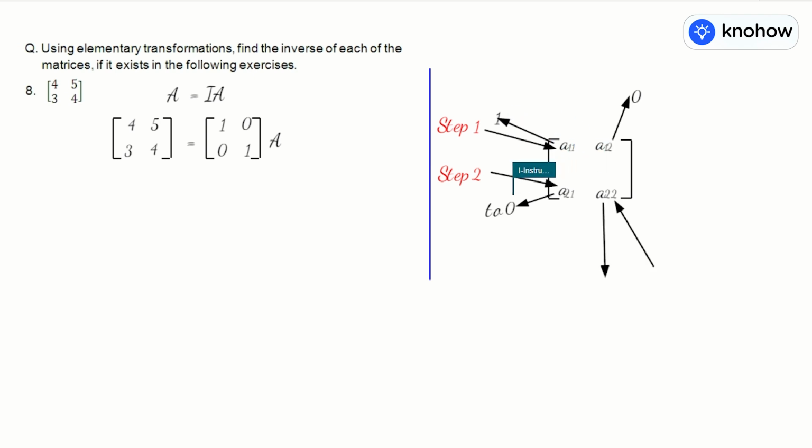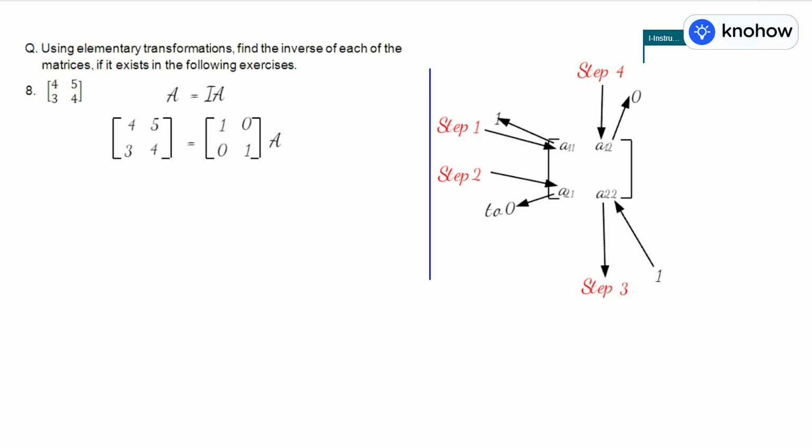Then in step 3, we'll make A22 equal to 1. And finally, in step 4, we'll make A12 equal to 0. That will be the procedure. I discussed this when I was teaching you in the beginning how to find the inverse of a matrix using elementary row transformations, so you can check from there also.